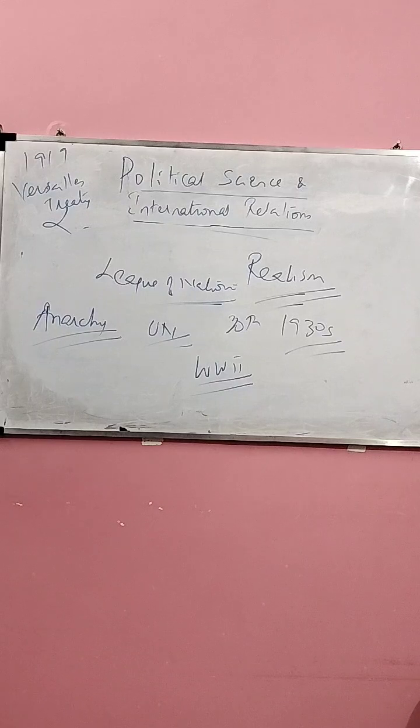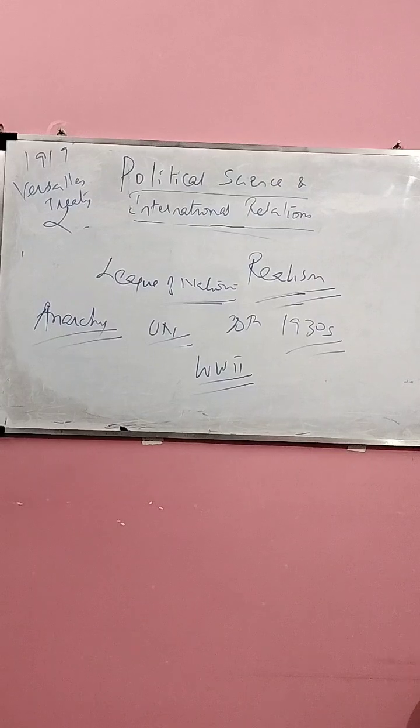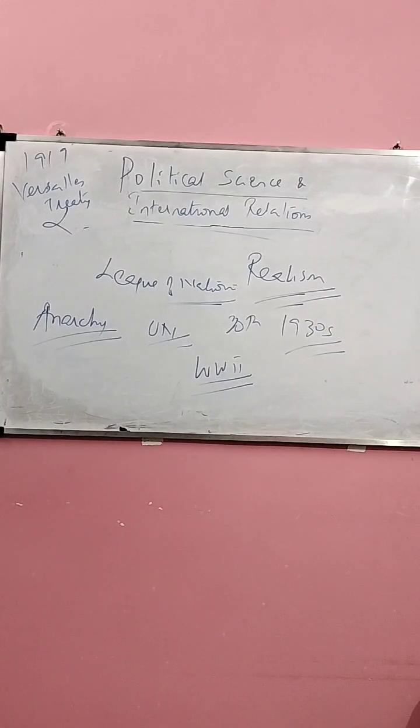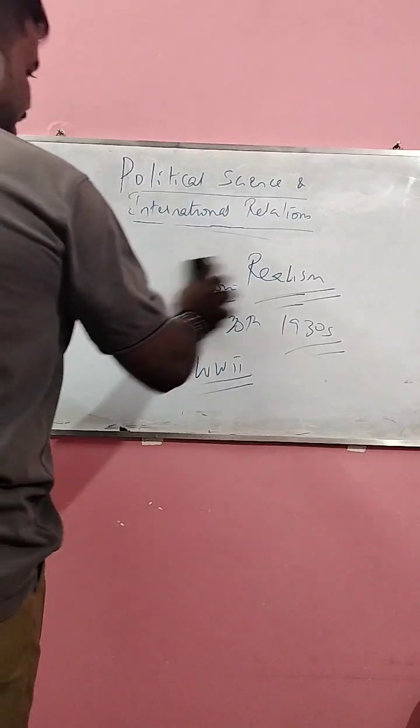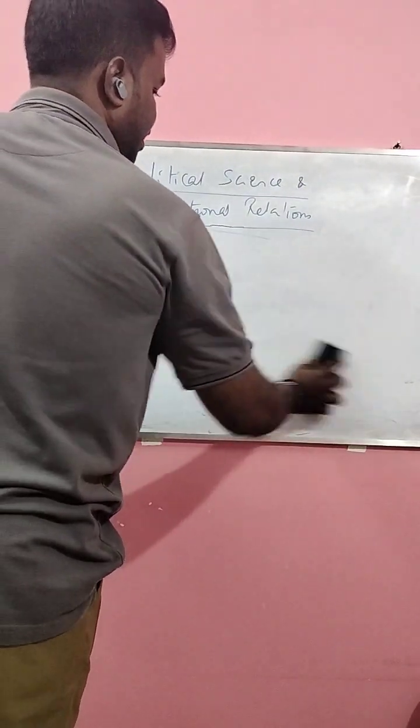Okay friends, we will now study the concept of realism. Realism is the second approach which is used to study international relations. Realism approach tells that countries are guided by national interest and power.